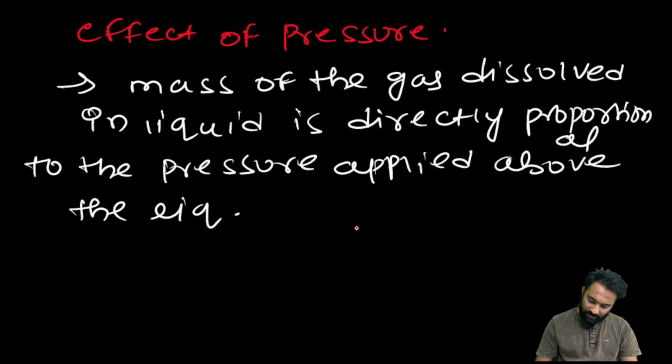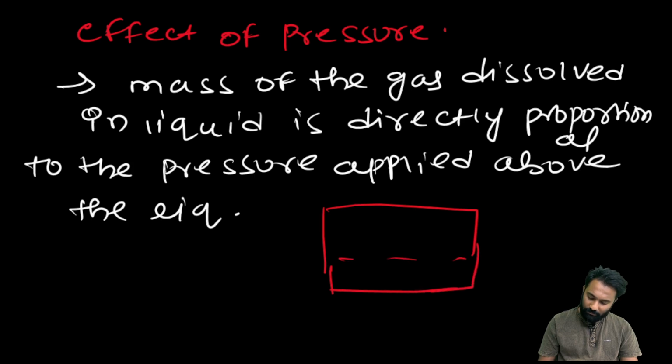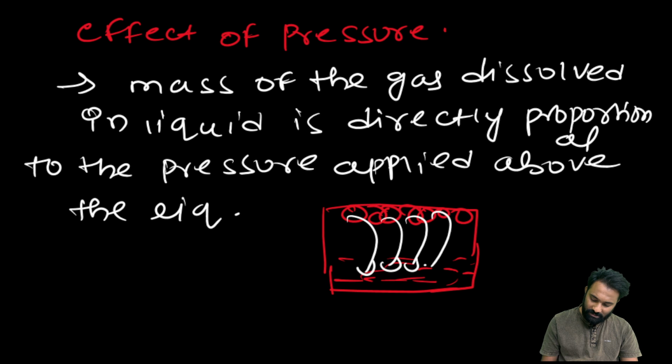Means what I am saying: if I take some ml of liquid, and above it there is a gas that is to be dissolved in this liquid, what do I have to do? I have to apply high pressure here. If I apply high pressure, whatever gas is there will be soluble in the liquid.